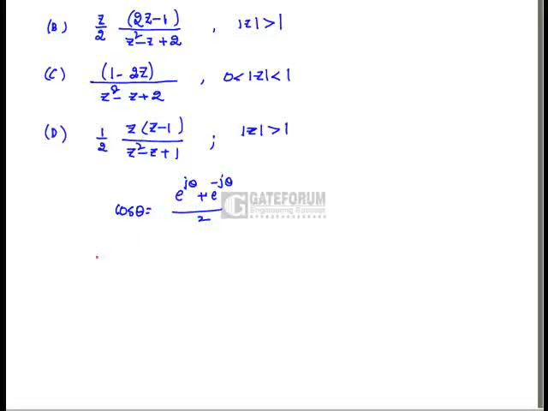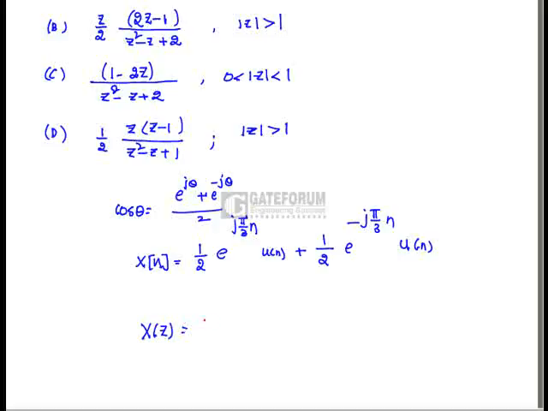By using this standard relation, we can write x of n as 1 by 2 e power j pi by 3 n u of n plus 1 by 2 e power minus j pi by 3 n u of n.